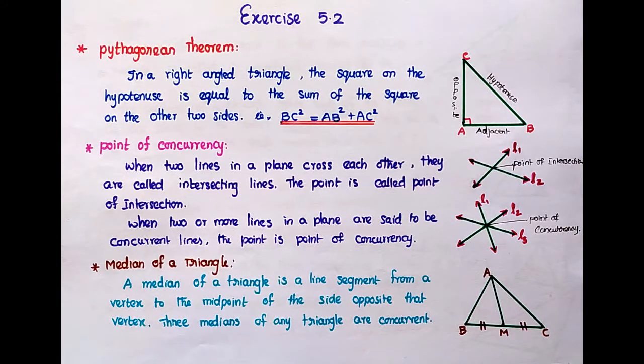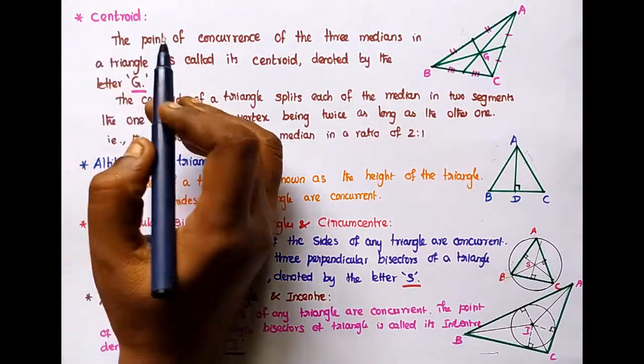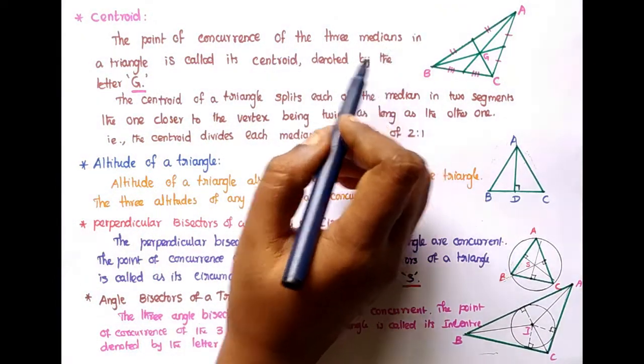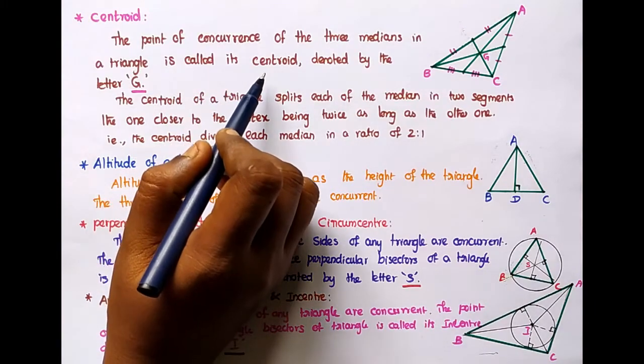Next one, centroid. The point of concurrence of three medians in a triangle is called its centroid.